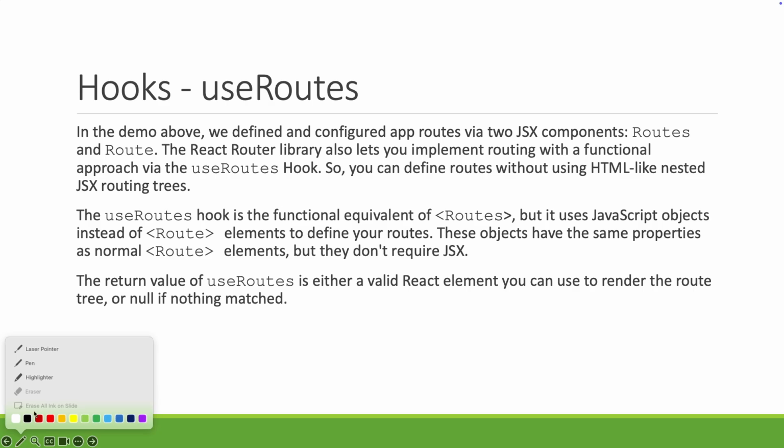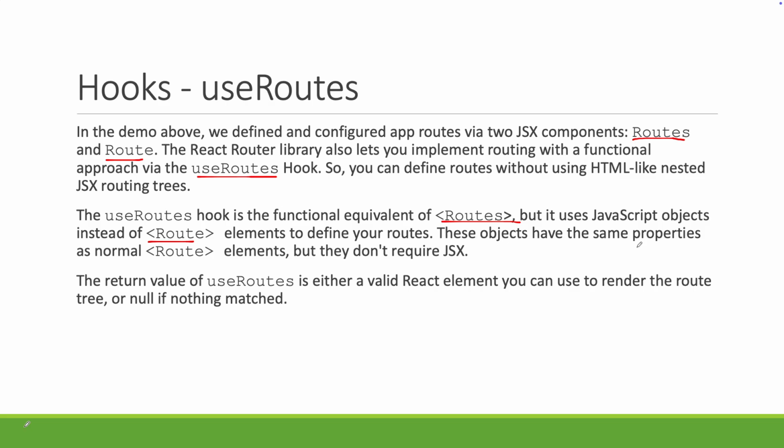The React Router library also lets us implement routing with a functional approach through the useRoutes hook. So we can define our routes without using an HTML-like nested JSX routing tree, which is without using routes and a route. The useRoutes hook is a functional equivalent to the routes, but it uses JavaScript objects instead of a route element to define our routes one by one.